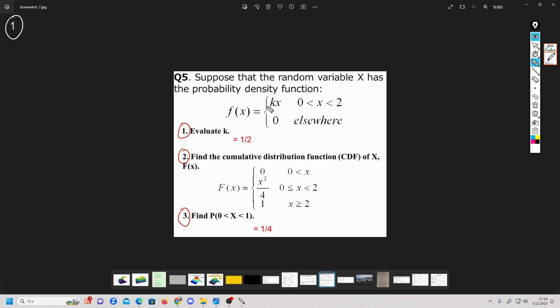If you know that all probability should be equal to 1, so the definite integral between 0 and 2 of f of x should be equal to 1. Actually, this should be from minus infinity to infinity.